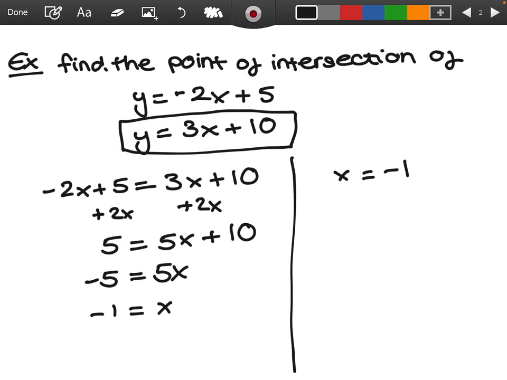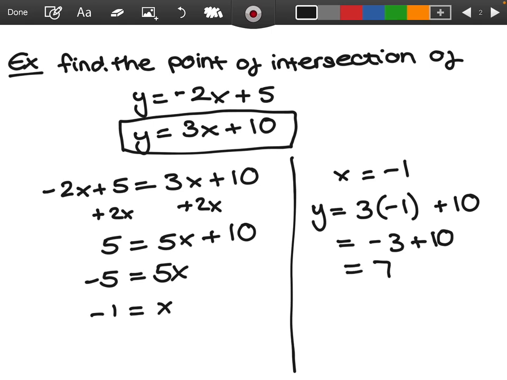As I said, completely up to you which one you want to plug it into. If I do this, I get y is equal to 3 multiplied by my x value, which is -1, plus 10. That's -3 plus 10, which is equal to 7. So the point where these two lines intersect one another, so where they cross over, is at (-1, 7).